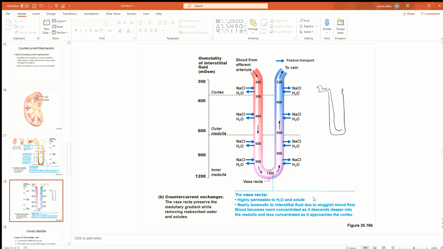So this is the loop of Henle, long loop of Henle, okay, distal convoluted tubule and collecting duct, okay.